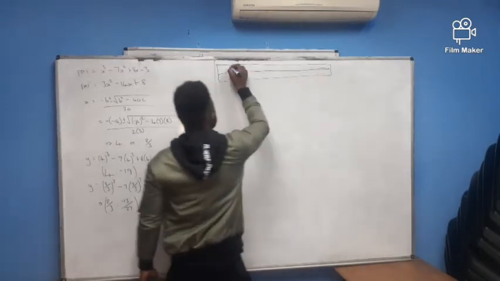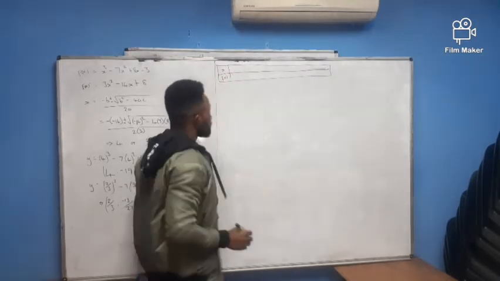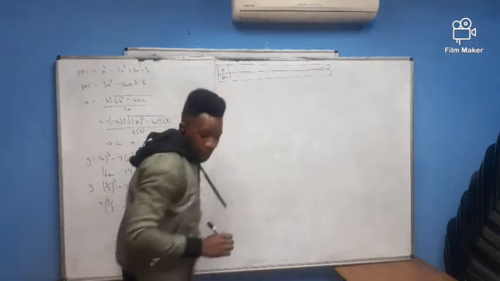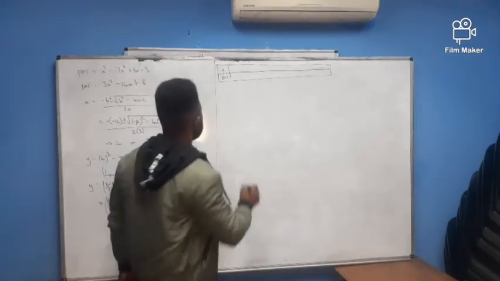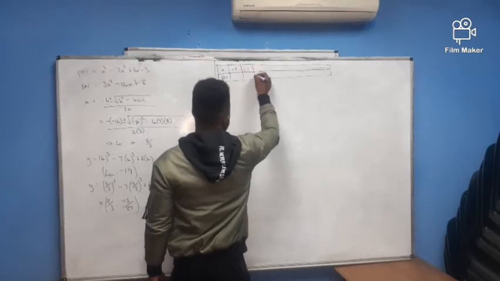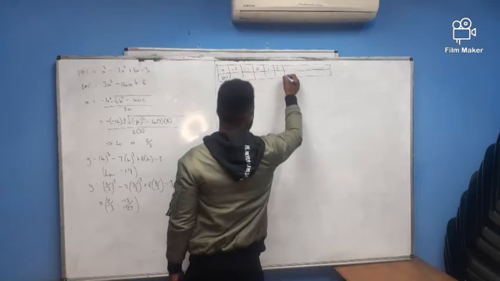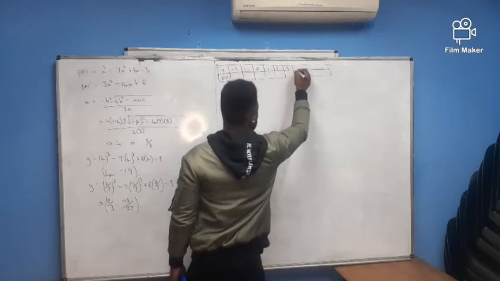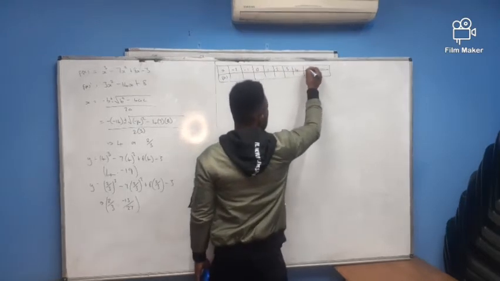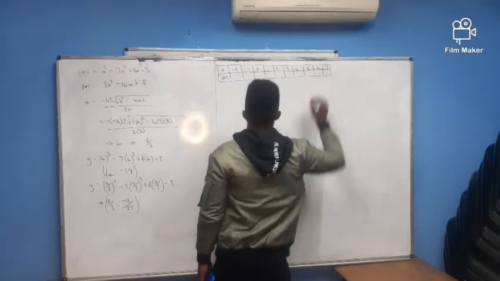And then I have f at x. My range is from -2 to 7, so it's going to be -2, -1, 0, 1, 2, 3, 4, 5, 6, and 7.